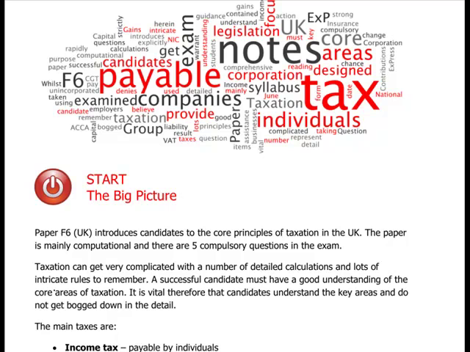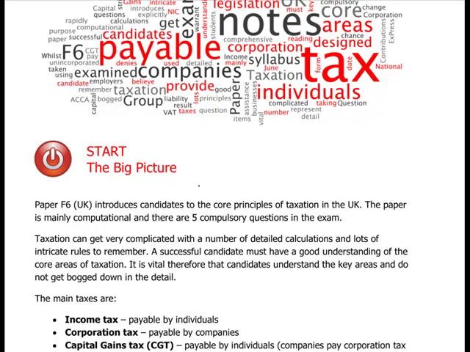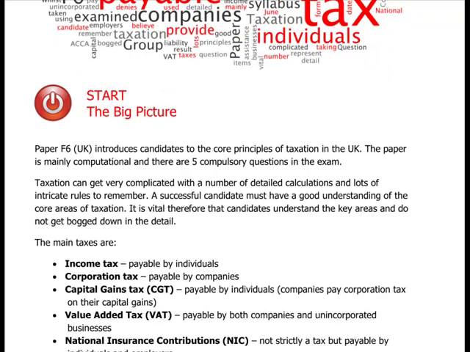Taxation can get quite complicated, quite detailed computational questions, lots of little rules to remember. You must have a good understanding of the core areas of taxation, so that candidates understand the key areas. Don't get too bogged down in the detail.